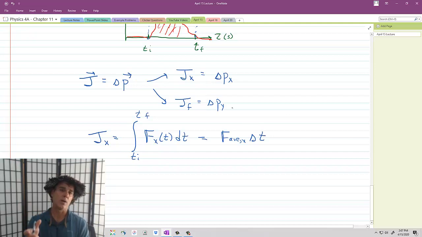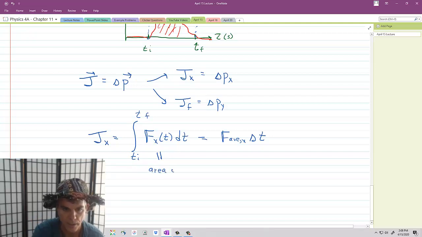So two different ways. So keep in mind also this integral F dt is equal to the area under the curve of F versus t, or in this case, Fx versus t.